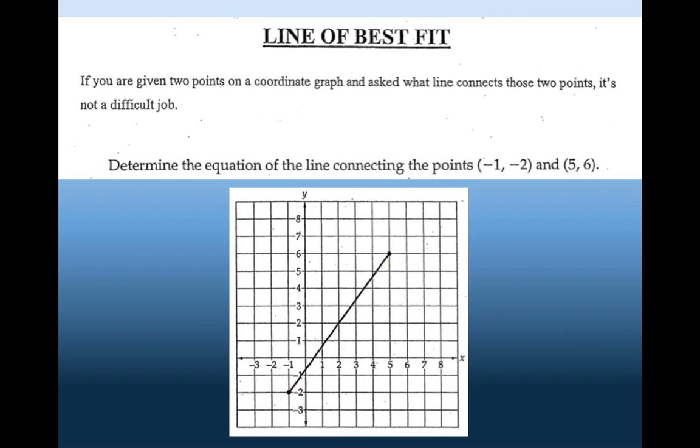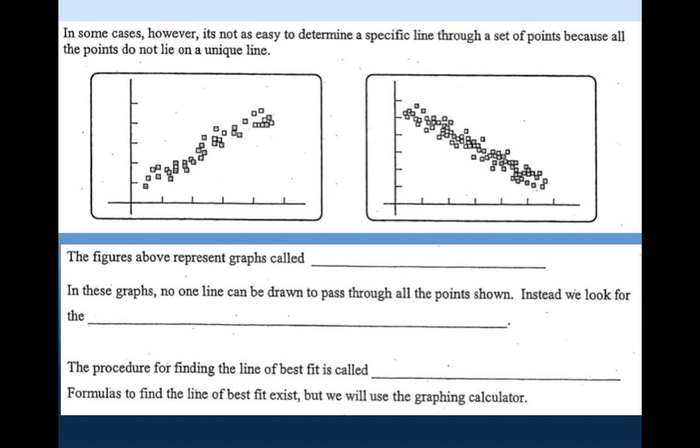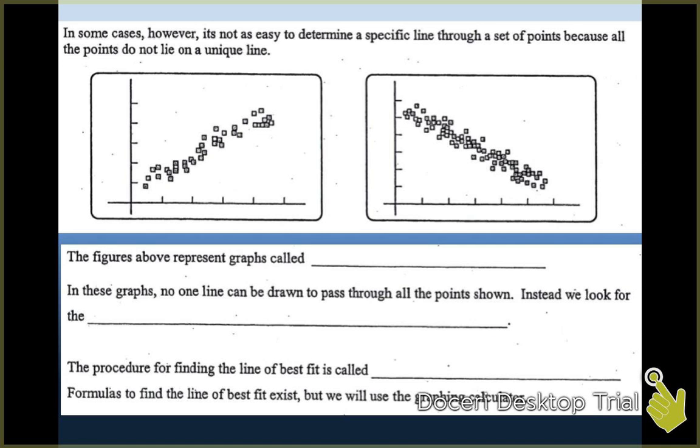It gets tougher, however, when you have things like this, where the points aren't all in a nice line. These are actually what we call scatter plots. And in this, you can't draw a single line connecting every one of those points because you'd have all kinds of crazy curves and stuff in there.